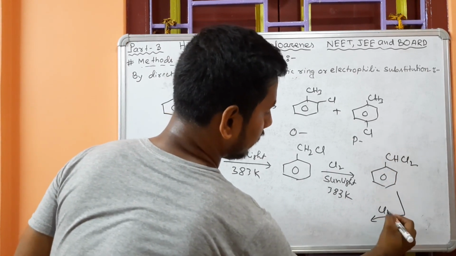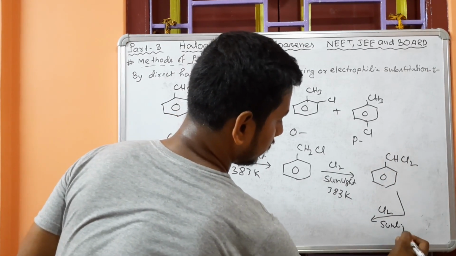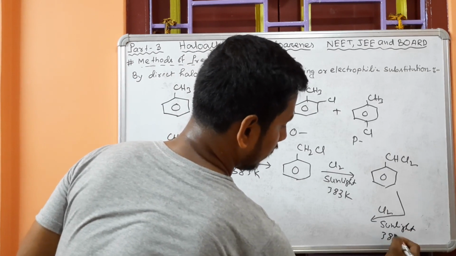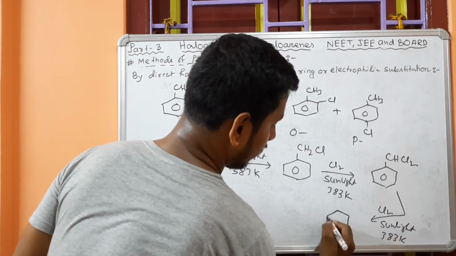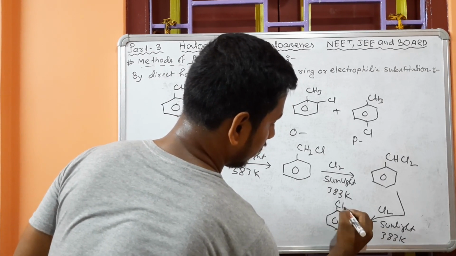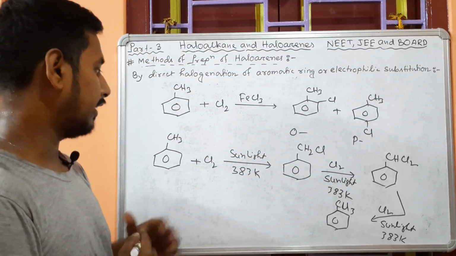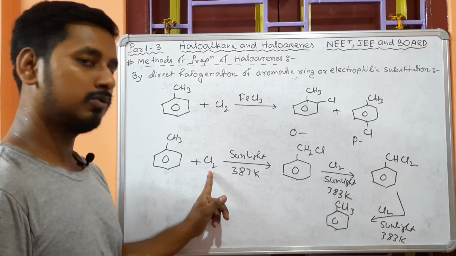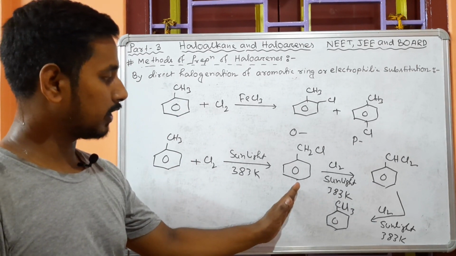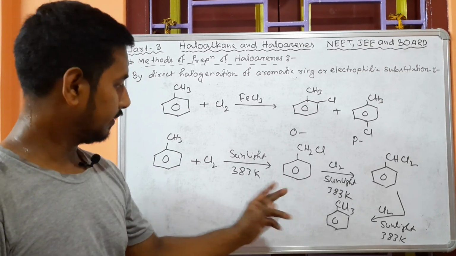And if you give the same thing again, sunlight and 383 Kelvin, then you get another product like CCl3. Means the hydrogen atoms are substituted with chlorine atoms, and in each case you get HCl as a byproduct.